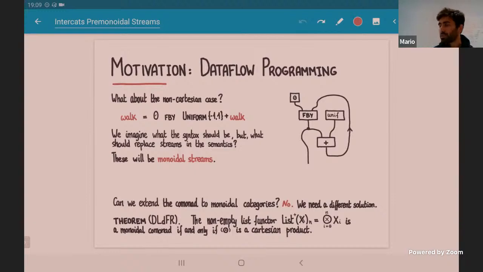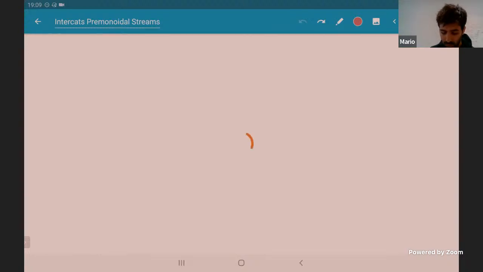By an argument very similar to Fox's theorem, if this functor has the structure of a monoidal comonad, then your category supplies comonoids that are natural and uniform in every object. So then it's Cartesian. So we cannot extend this approach directly beyond Cartesian categories, and we need to find a different route.